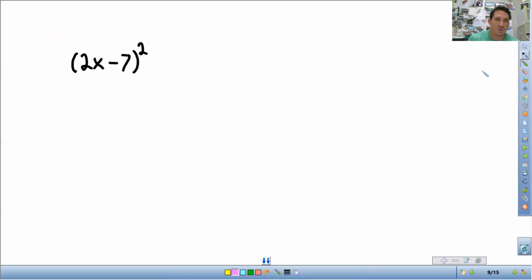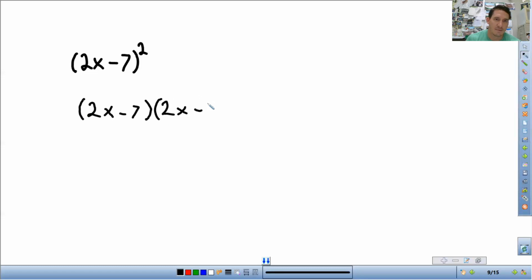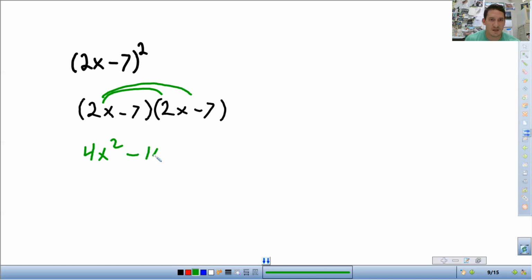So again, when you're squaring it, you need to multiply it times itself. So 2x times 2x is 4x squared. 2x times negative 7 is negative 14x.